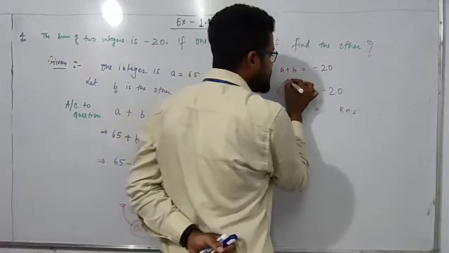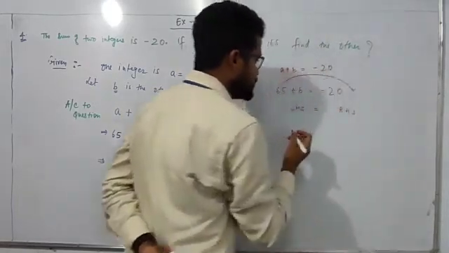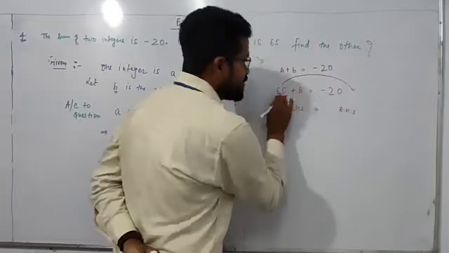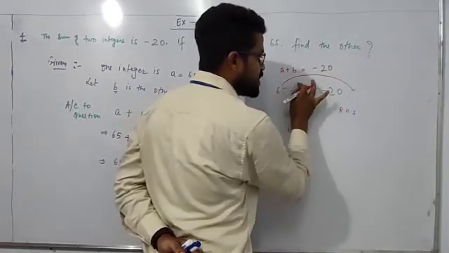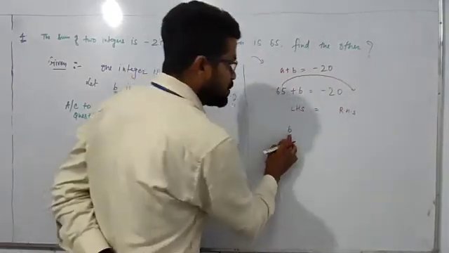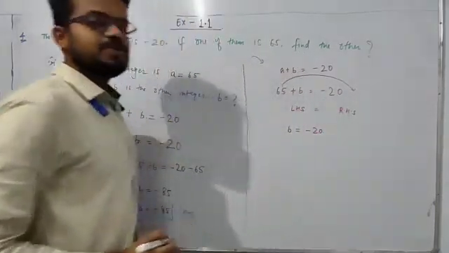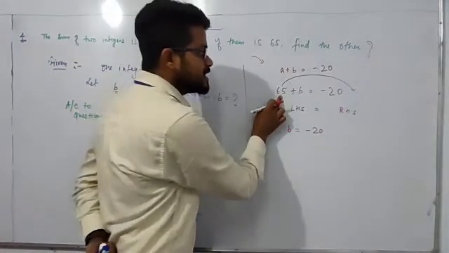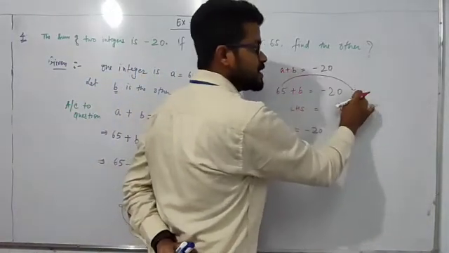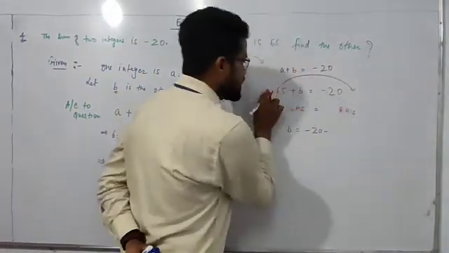So I am taking this value from here to here. So this will be b. This value went to this side, so b will be alone. Now b is equal to what? b is equal to minus 20, and this 65 goes to this side. So this one is plus.